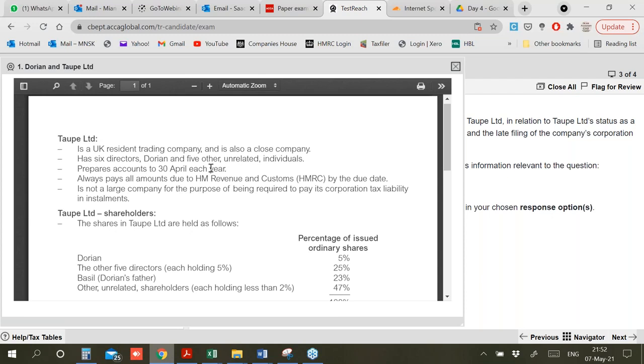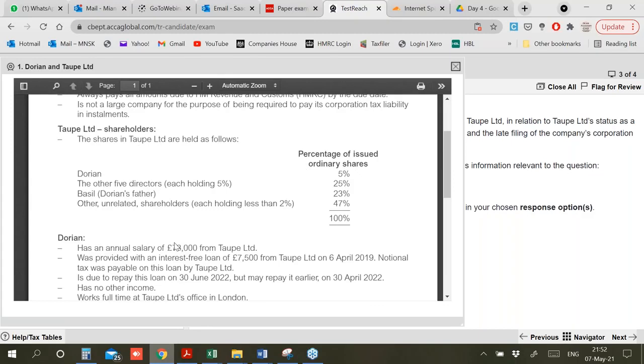So including D and the other 5 directors, they have a holding of 30% because 25% is theirs and 5% is D's. Basil, D's father, owns 23% and other unrelated shareholders each hold less than 2%. So that makes a total of 100%.